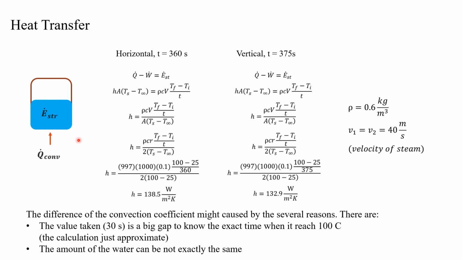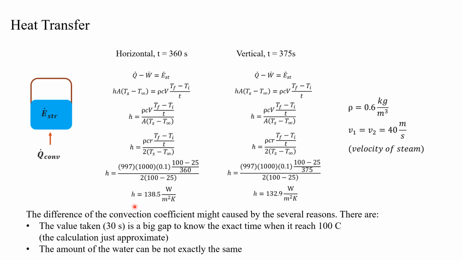From the schematic, we know that the Q in is equal to the Q storage, and this W dot can be cancelled out. And this time represents how much time is taken to reach 100 degrees Celsius in horizontal and also in vertical.